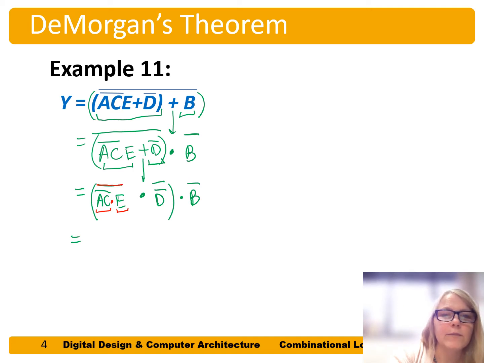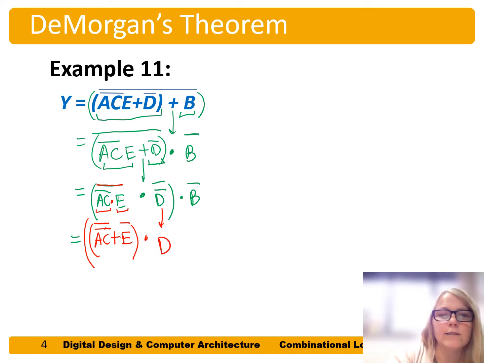And so I change that AND into an OR. I bring down each of the terms, keep my associativity there. If I want to keep that one, I can too. And then last up is to bar each of the terms. And then I can see I can do involution on this term.